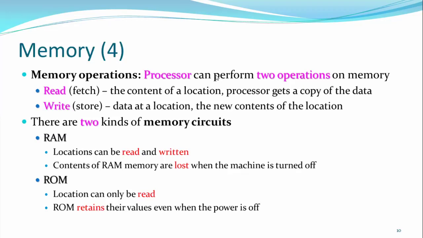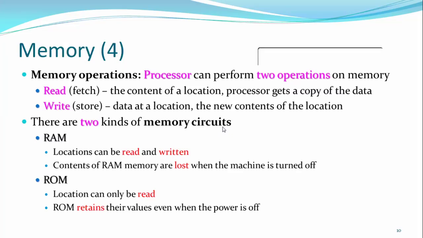So now what you are learning from this is that there are two kinds of memory circuits, RAM and ROM. That means primary memory you are considering as a circuit. Is that clear? Yes, sir. Ultimately, whatever we are using in a computer is nothing but a combination of circuits.